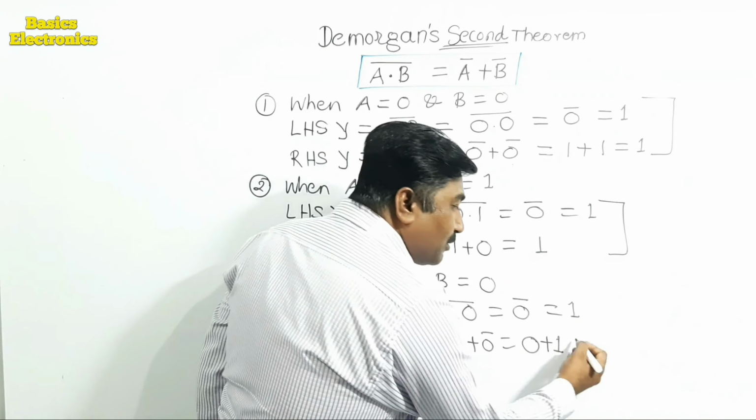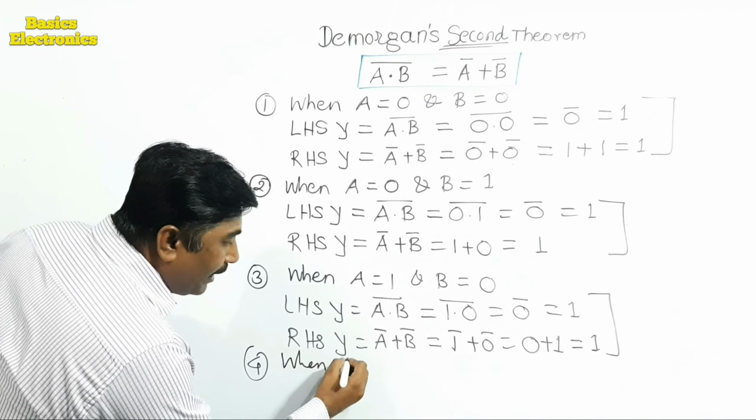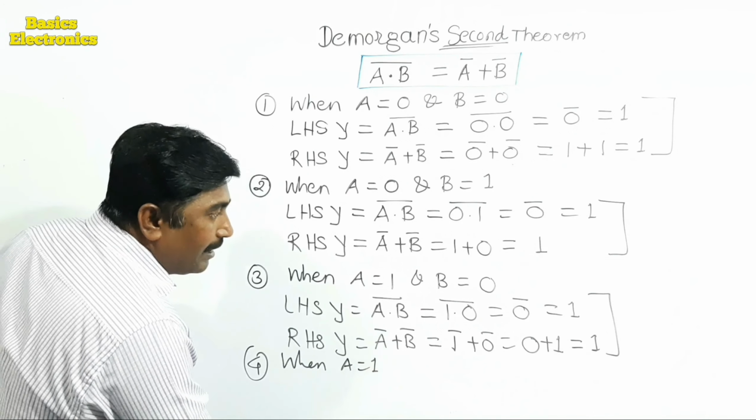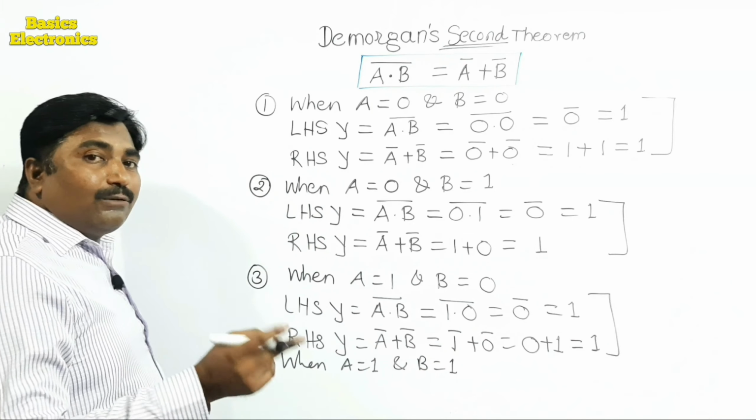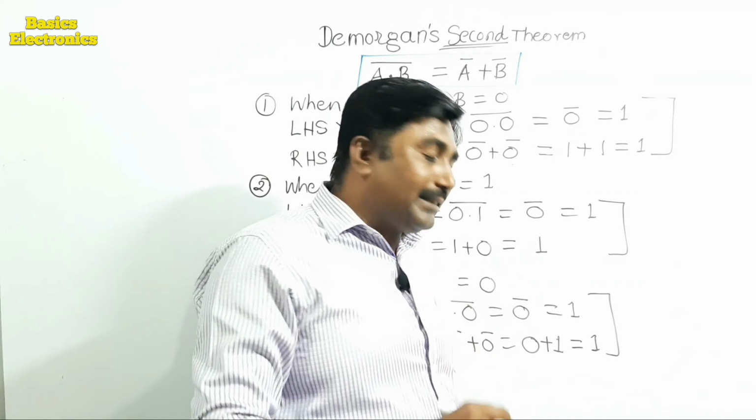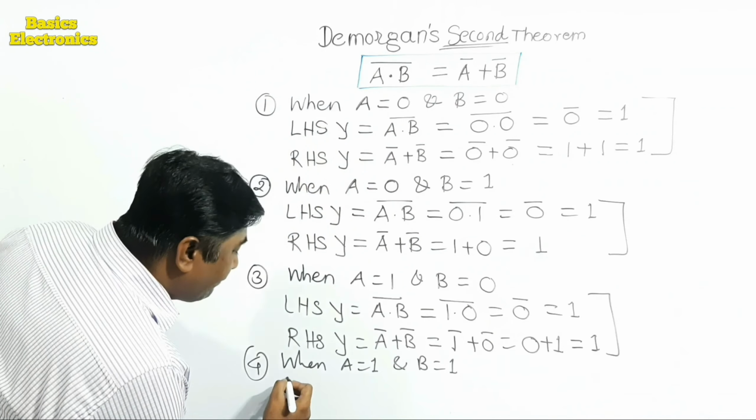Okay, the last combination we can write down here. The last combination is when A is equal to 1 and B is also equal to 1. The left hand side becomes y equals A dot B complement, which equals 1 dot 1 complement. 1 dot 1 is equal to 1 and 1 complement is equal to 0.